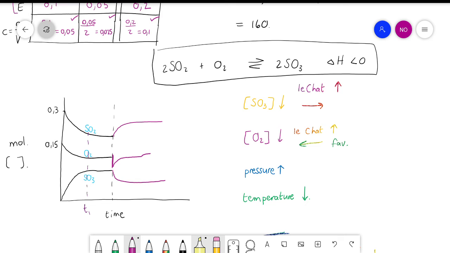So do you see the jump is only in the one that we worked on. We only did something with the oxygen. We didn't do something with the other two. When the oxygen's concentration is decreased, then what is the SO2? The SO2 increases at that moment, and then they flatten out. Yeah, so all of them reach a new equilibrium there. So at that point, O2 decreased, then SO2 increased to fill that up.